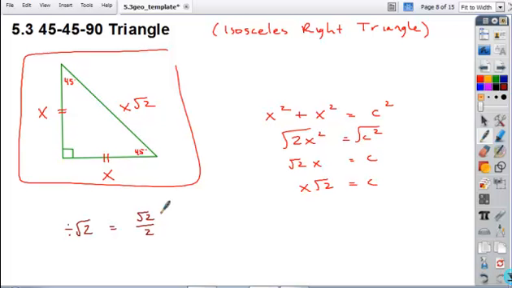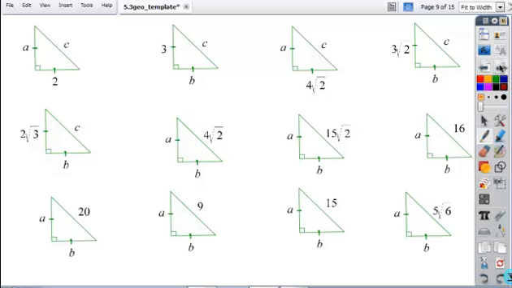So if you are given the hypotenuse and you want to find the length of the leg, you can either divide by root 2, or you can divide by 2 and multiply by root 2. Those are equivalent operations. Okay? And again, as I talk through the pattern here in a second, we'll see which one of those you choose to apply.